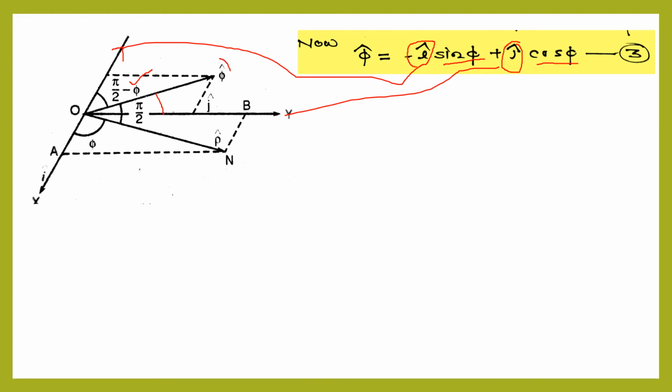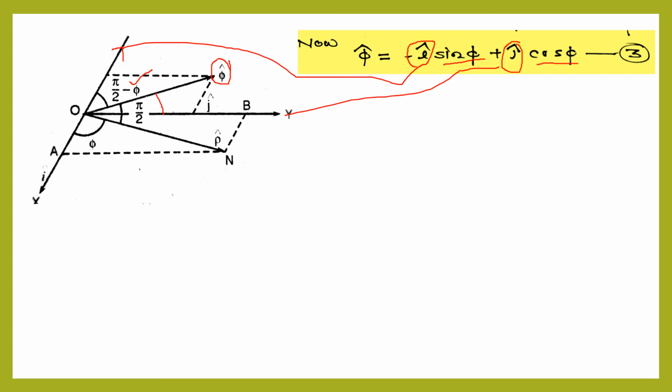Actually the direction of the phi is here, which is the back side of the x-axis. That means the angle is on the back side of the x-axis. If we see the first figure, it is clear easily. Now what we have to do, from both these figures we can find the values of rho cap, theta cap, and phi cap.